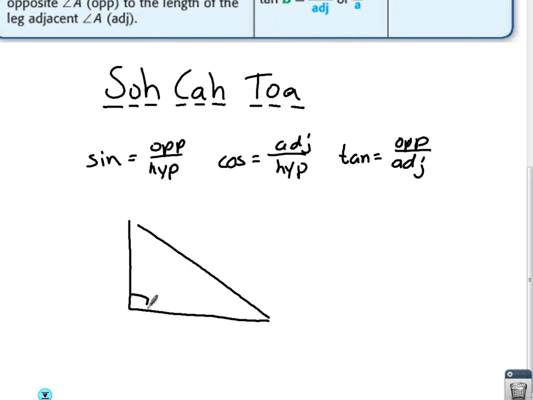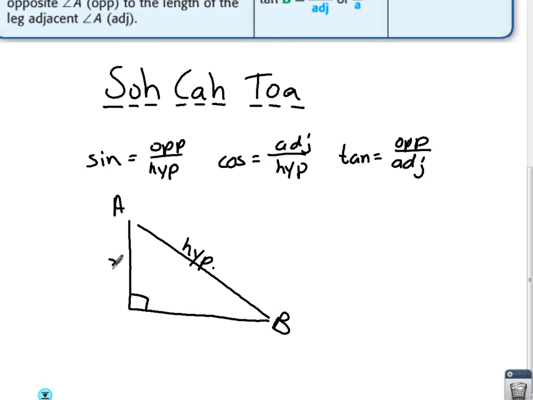In all right triangles, you have three sides. And we know that this is the hypotenuse every time. The hypotenuse is always located straight across from your right angle. Now let's call this angle A and angle B. And my question for you is, look at angle A. Which side is across from angle A?